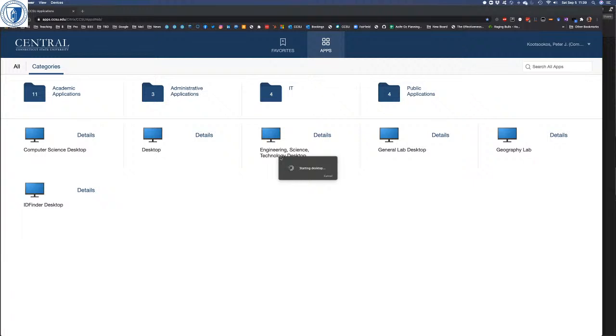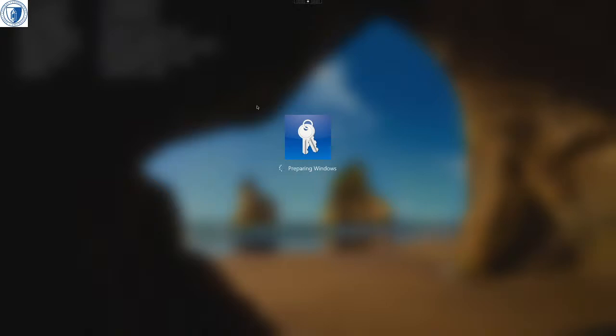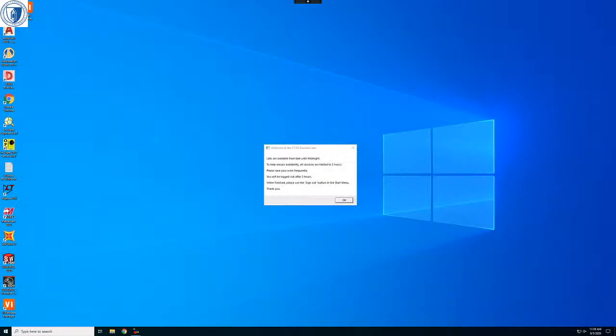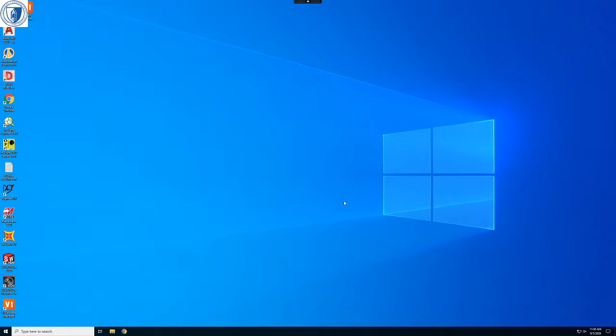So I've selected the Engineering Science Technology desktop, and let me just move it over so you can see it. Maybe, I hope. It's preparing Windows. Okay, so anybody's only allowed access to this for 3 hours at a time.